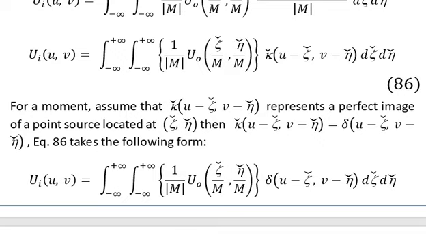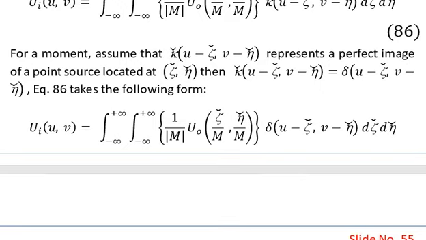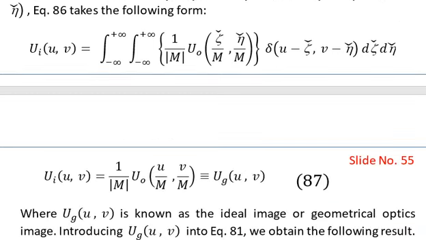Then equation number 86 will take the form as given over here in the last step. So u_i of u comma v is the double integral, within the curly bracket we have the same term as above, and we have replaced κ̂ with the delta of u minus ζ̂ comma v minus η̂, and the integration variables are the same.